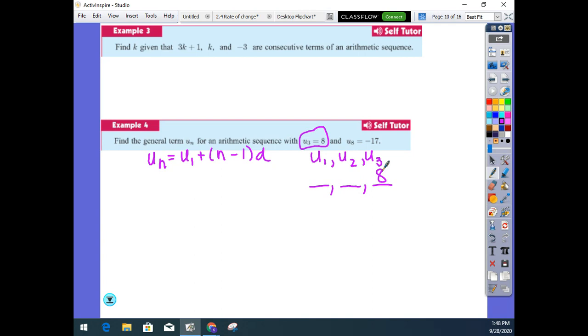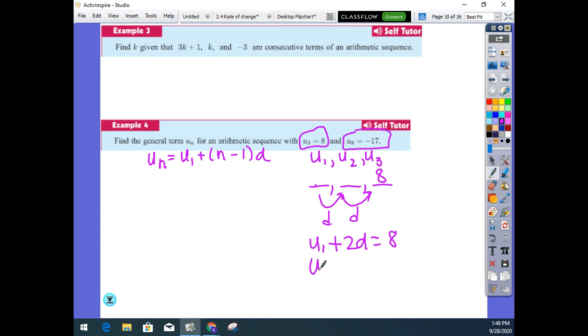Doesn't it make sense that I'd add whatever the difference is 2 times to u sub 1 to get to 8? Do you see what I'm saying? So then what we can say, I'm literally just going to write that out. I'm going to take u sub 1 plus 2d, and I get 8. All right, what about this one?